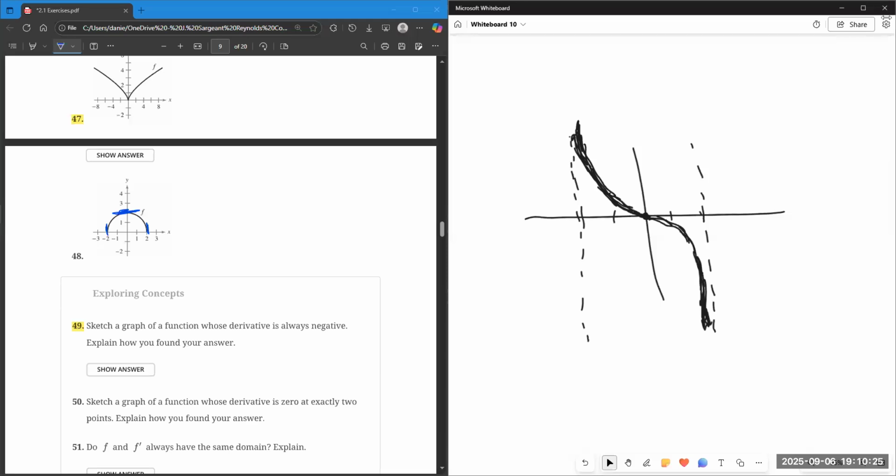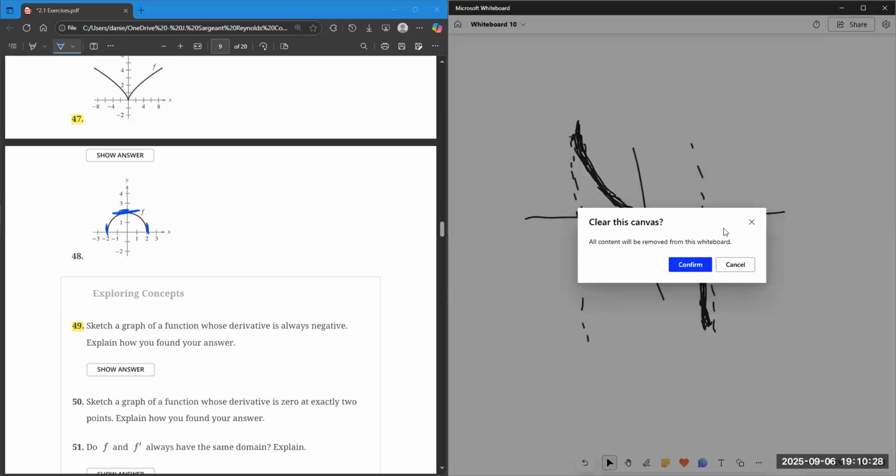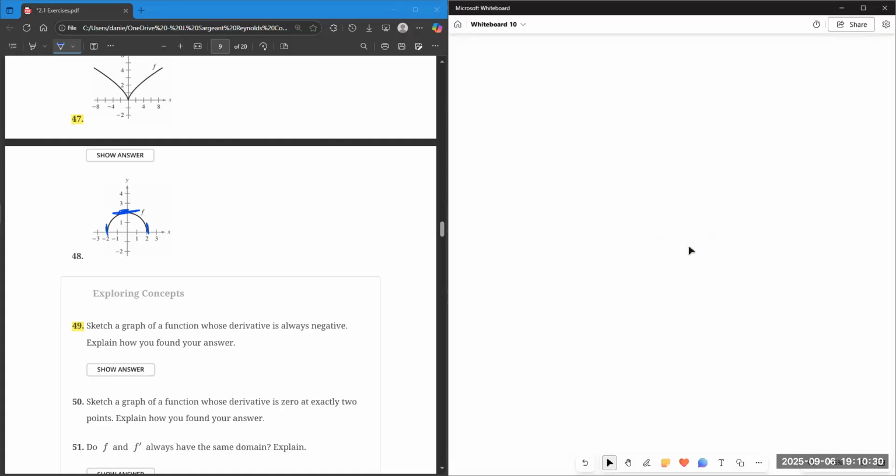49, you can have different answers for 49, but I'll give you a couple examples. The easiest example I can think of for a graph whose derivative is always going to be negative is a linear function with negative slope.